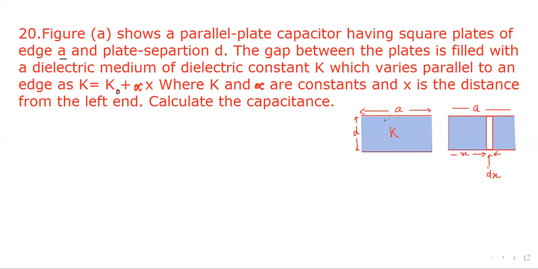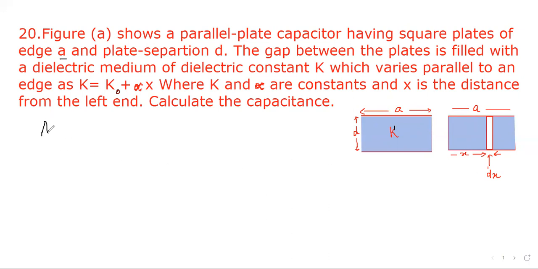Here, this is a parallel plate capacitor. Inside, there is a dielectric which varies as K equal to K0 plus alpha x. We have to find out its capacitance. So we consider a small strip at distance x from the left end of width dx, and we find its area.